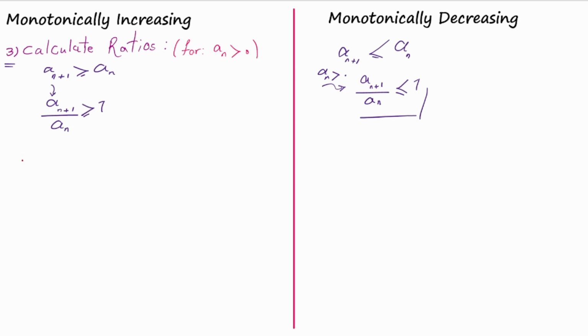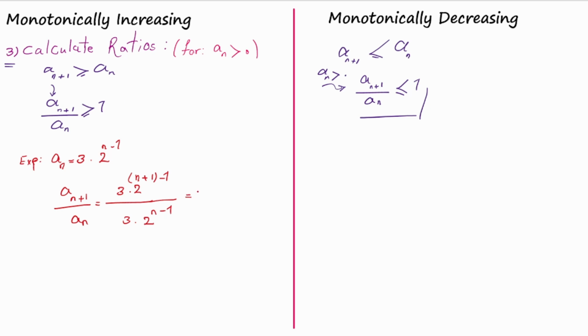Okay, now let's consider this example, in which the nth term of the sequence is 3 times 2 to the n minus 1. By calculating the ratio of consecutive terms, we can write 3 times 2 to the n plus 1 minus 1 over 3 times 2 to the n minus 1.